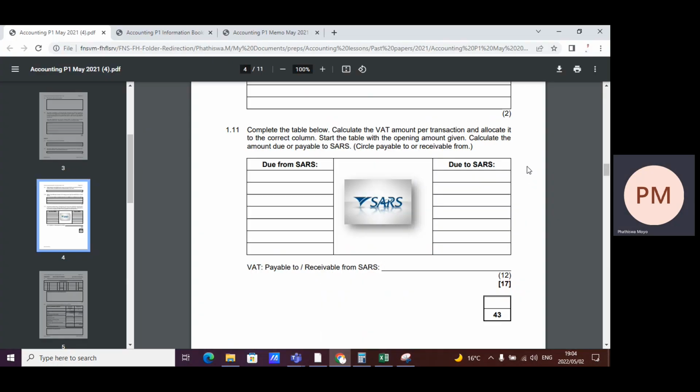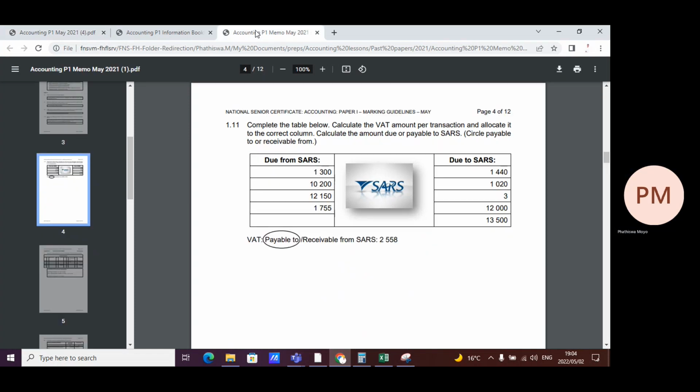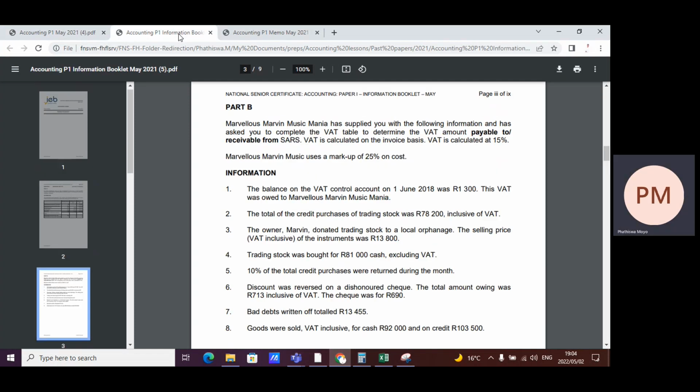Yeah. So if I see something which is sold, inclusive, those were sold, VAT inclusive for cash.